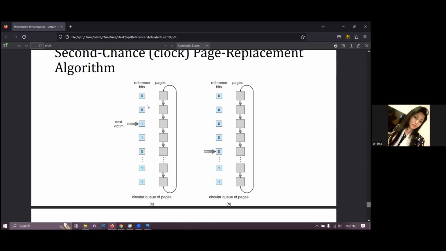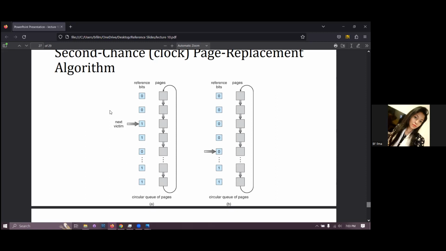The logic here is that there's a next victim pointer, and the pages are like a circular queue. This next victim pointer keeps advancing, checking the pages one by one until it finds a page with reference bit 0.